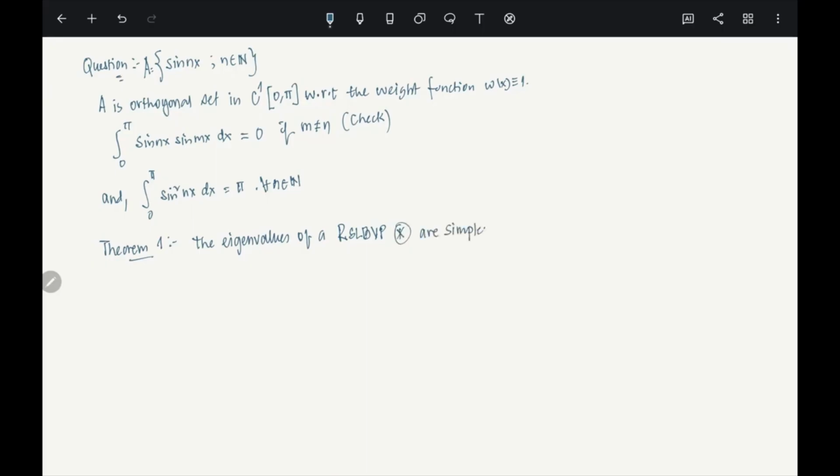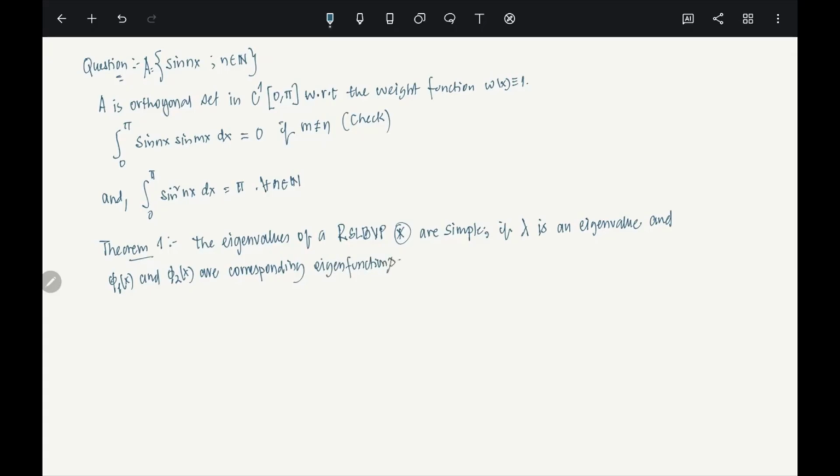What does it mean? Let's understand what it means. It means that if lambda is an eigenvalue, and phi1 of x and phi2 of x are the corresponding eigenfunctions, you do realize that eigenfunctions for one particular eigenvalue are never going to be unique, right?